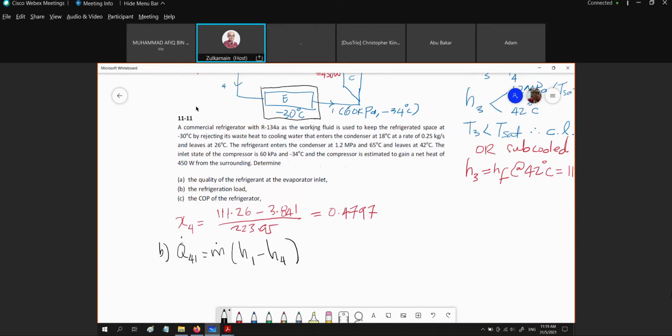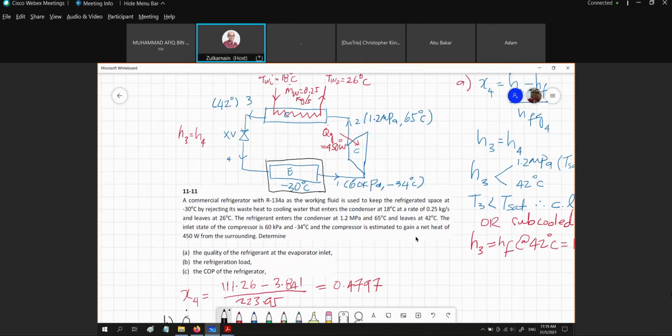And if we look right here, there is no info on the M dot of the refrigerant. But what we have right here is the M dot for the cooling water. So what we have to do is look at the energy balance of this condenser.